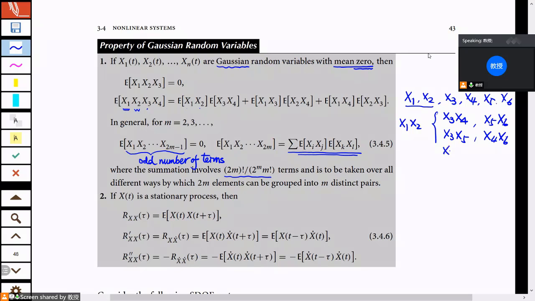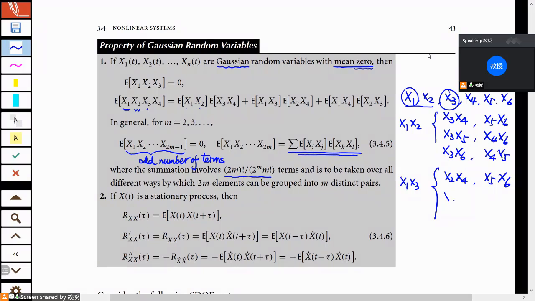Then you can go 3 and 6, and then 4 and 5. Okay, then you would pick up 1 and 3. Then you have 2, 4, 5, 6. Okay, so you go 2, 4, 5, and 6.